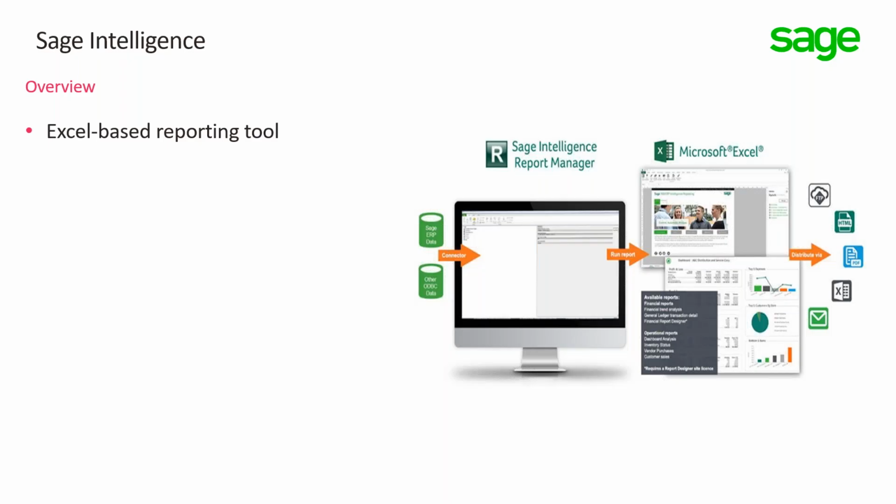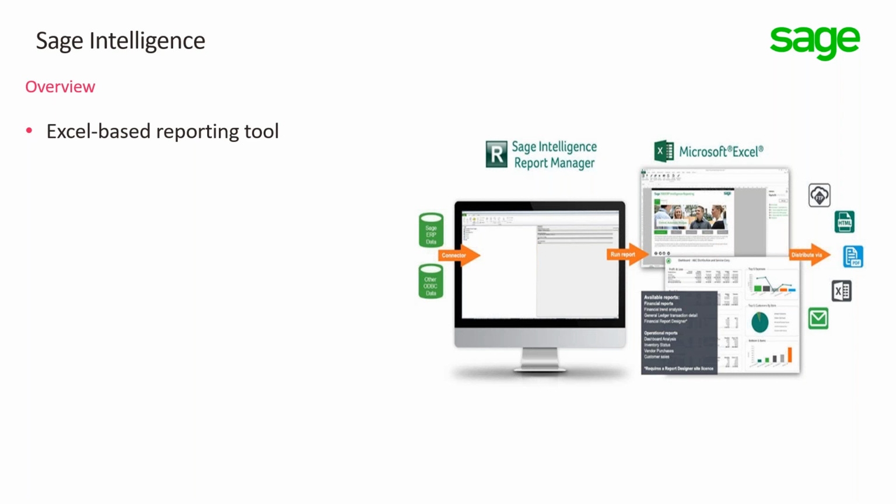So with that, let's just start with the first bullet, which is very, very important. Sage Intelligence is an Excel-based reporting tool. Simple as that. Now, business intelligence is really a term, as you all probably know by now, it's pulling together information, or actually data, and turning it into information that can be useful.